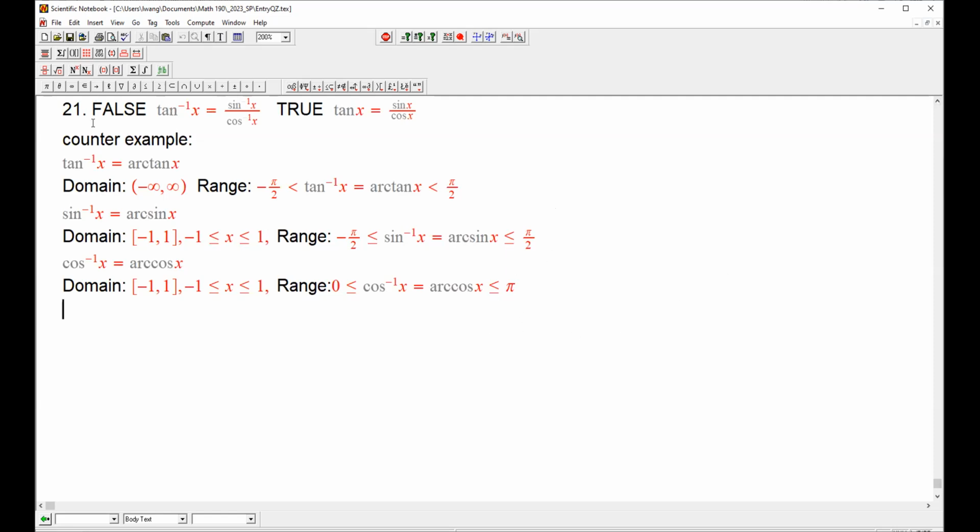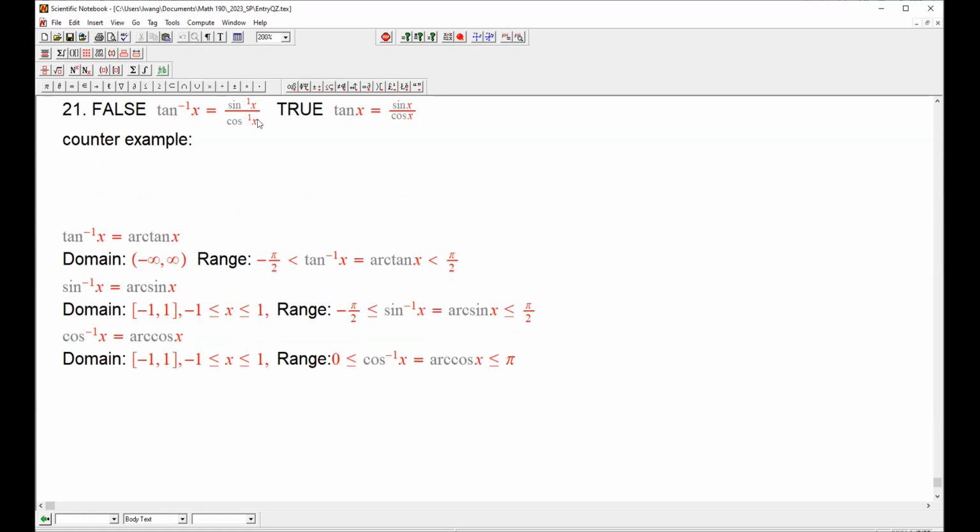All right, so now we want to come up with a counterexample. So the x has to be in the domain for all three. Since the domain for arctangent is all real numbers, and the domain for arcsine and arccosine is between -1 and 1, we just have to look at the common part.